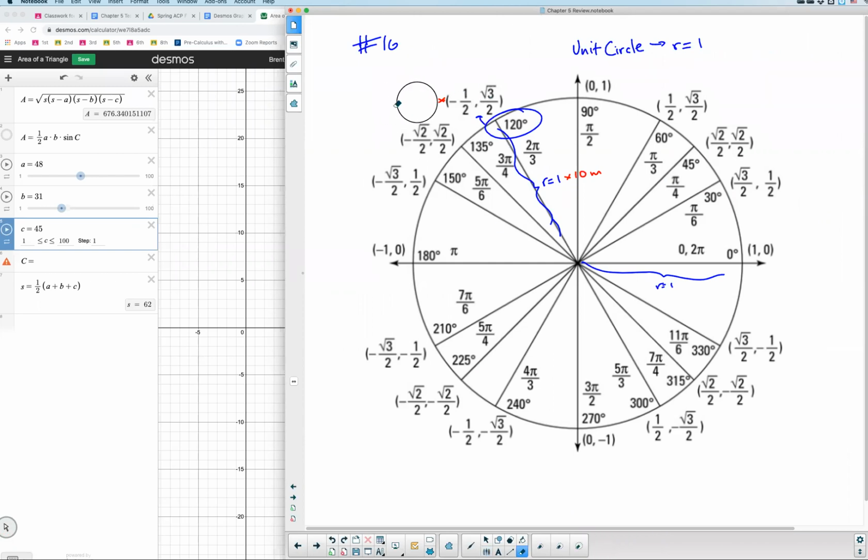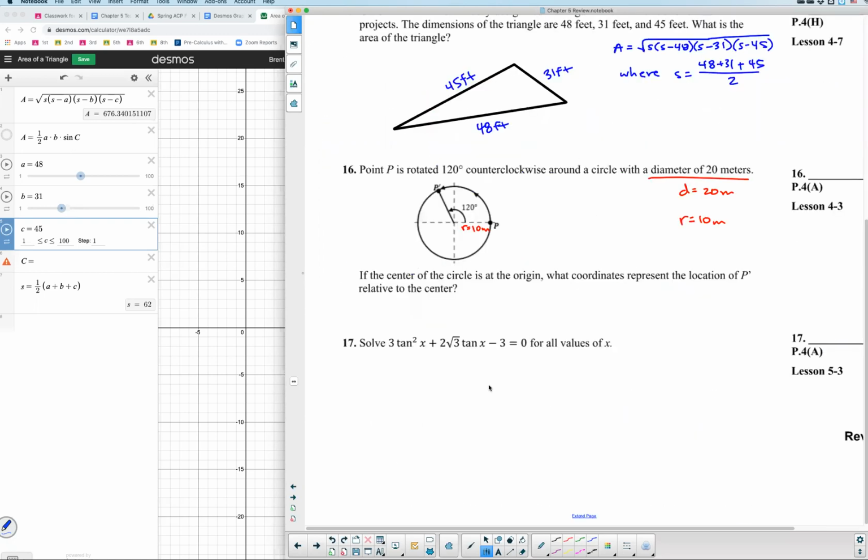I'm going to take away the meters for a second and multiply that by 10. And so we'll distribute that through. And it looks like we're going to get -5, 5 square roots of 3, because both of them, when you multiply by 10, you divide by 2. And so that was the math here.